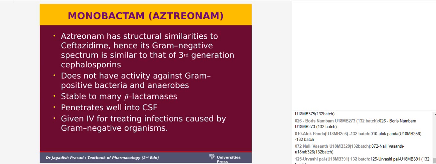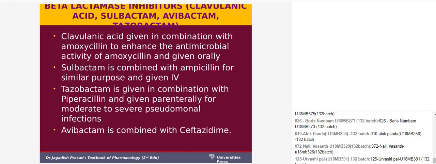So it does not have activity against gram-positive bacteria and anaerobes. Stable to many beta-lactamases. It penetrates the cerebrospinal fluid, and it is given intravenously to treat infections caused by gram-negative organisms.